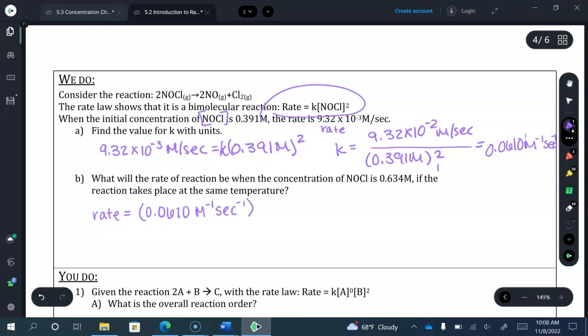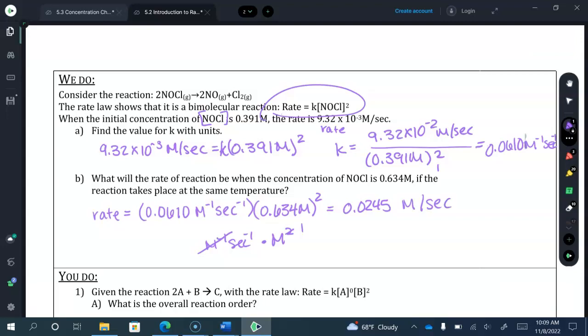So we have K times the concentration squared, so 0.634 molar squared. And so that should give you 0.0245. And the units, molarity to the negative 1, seconds to the negative 1 times molarity squared, this cancels and this becomes 1, so it's molarity per second, which actually works out for the typical rate units, amount per time.